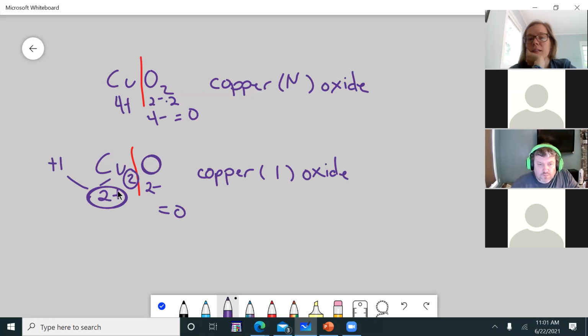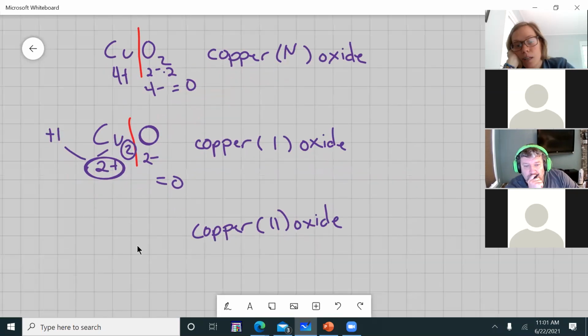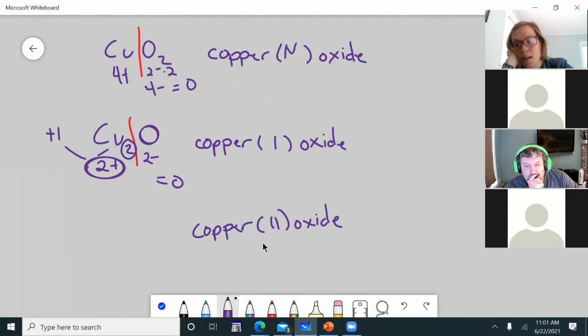If you're like, well, but it's 2+, so it should be copper 2+. Well, but it's distributed over 2 coppers. And we can actually go through, let's write copper 2 oxide. One thing you can do is go back and check and make sure that you get the same formula. So let's say you're going to be stubborn here and you're saying, no, I don't think that this is copper 1. I think this is copper 2. Well, let's write it out. Cu with a 2+ charge, oxygen with a 2- flip-flop. I'll get Cu2O2. What does that reduce down to? CuO. Is that this?